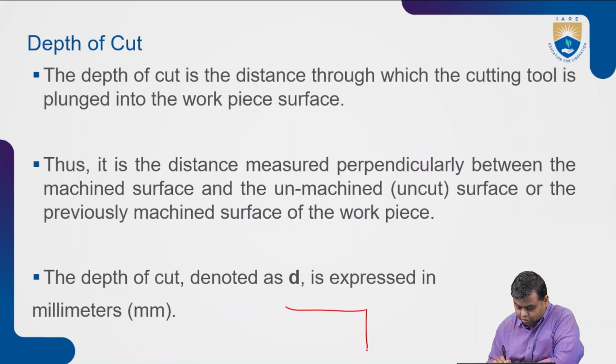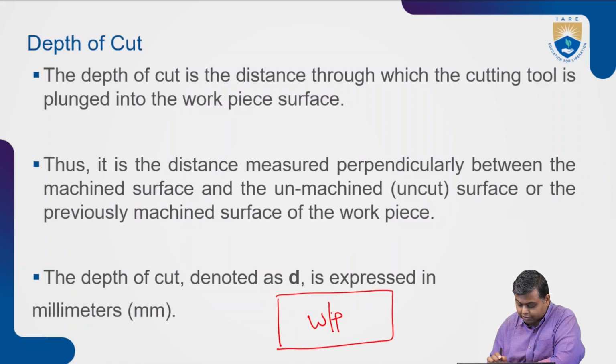Suppose this is my workpiece. If I want to plunge, up to this point my tool is getting in contact with the workpiece. Now I need to remove material of this much depth. So my workpiece should get in contact with the tool up to a certain distance.